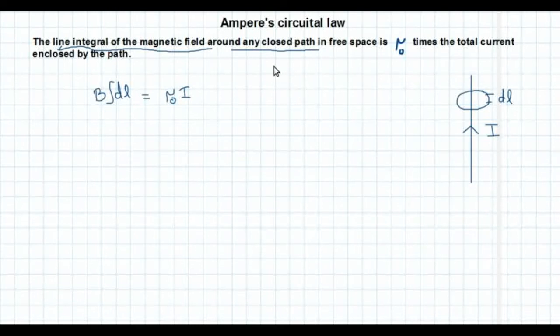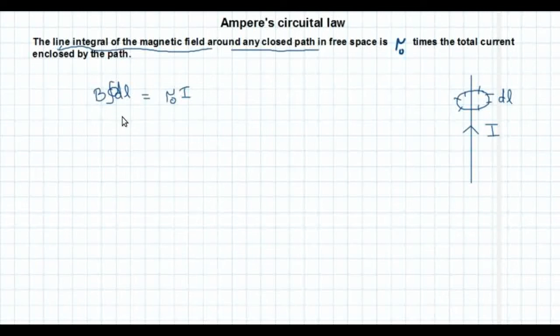Now since this integration is over a closed path, this integration can be done over a closed path. That means this circle on the integration sign represents integration over a closed path. Integral dl and integral dl over a closed path are different.